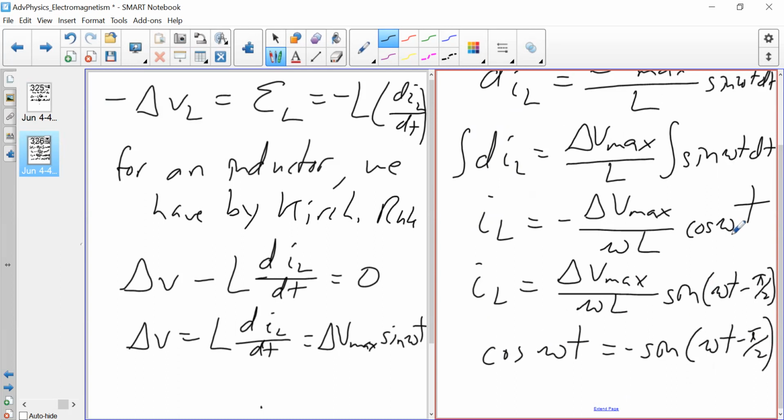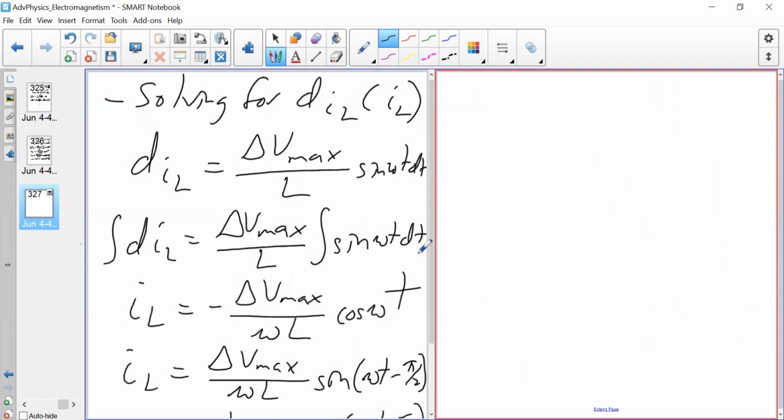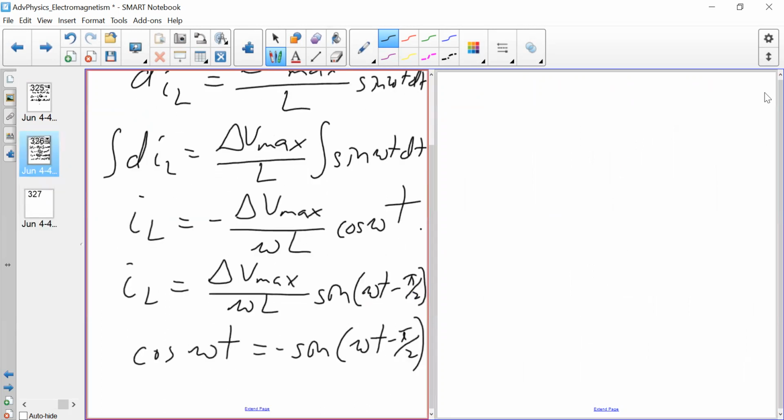So if this is negative cosine, the negative cosine is positive that. So that's the expression for the current going through an inductor in an AC circuit.